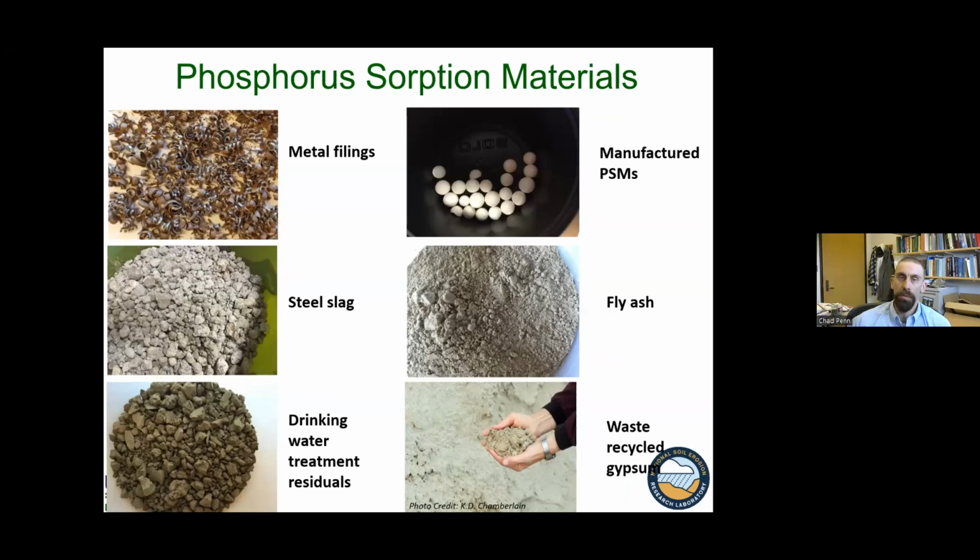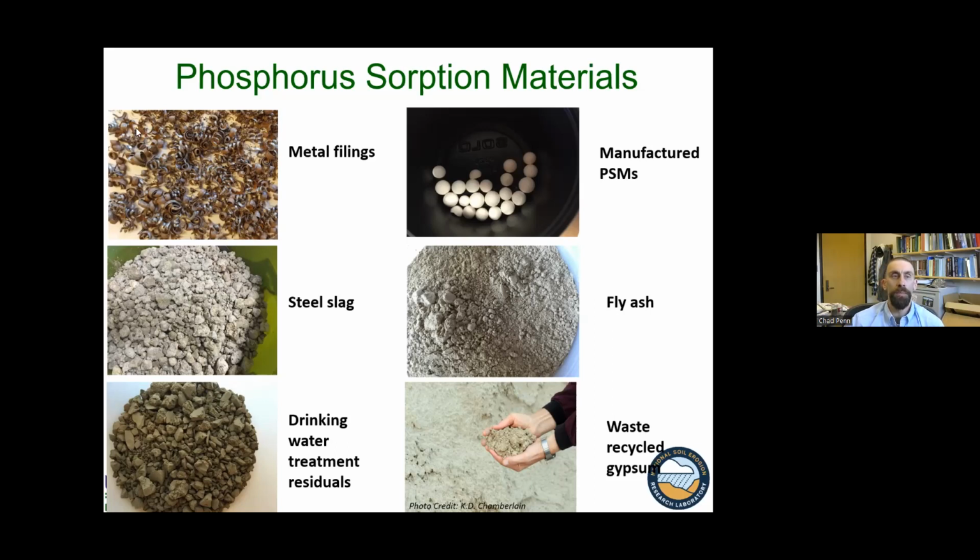So at the heart of the P removal structure is the filter media itself, the phosphorus sorption materials, the PSMs. A lot of them are industrial byproducts. I like to use industrial byproducts because they're highly available, they're very inexpensive, and they work pretty well.